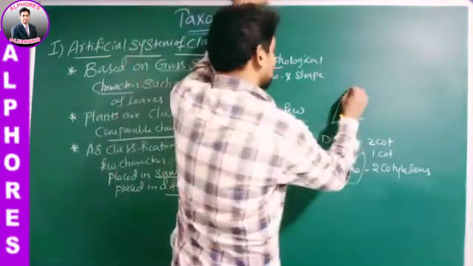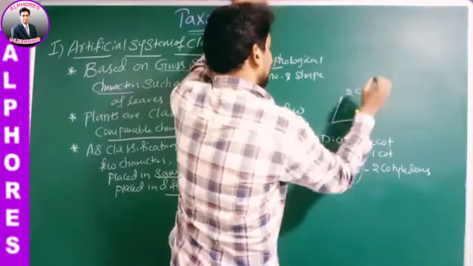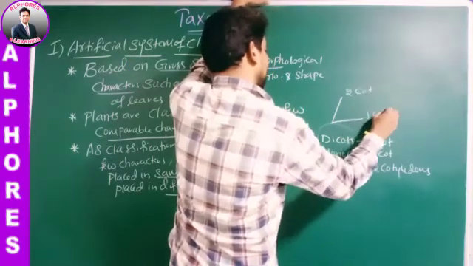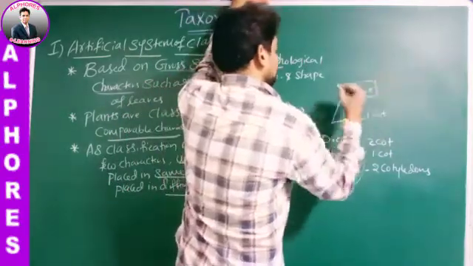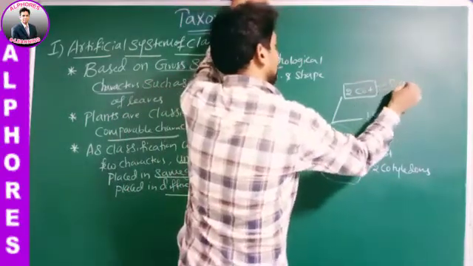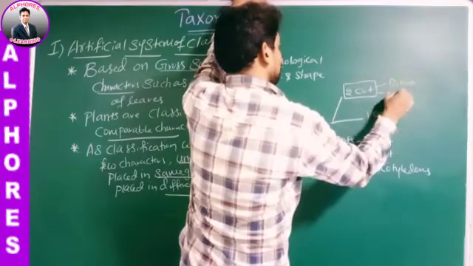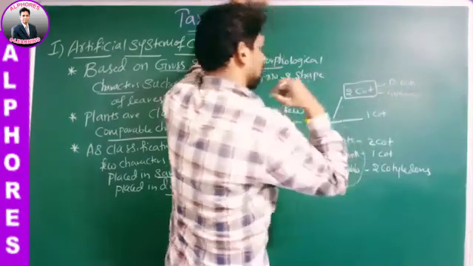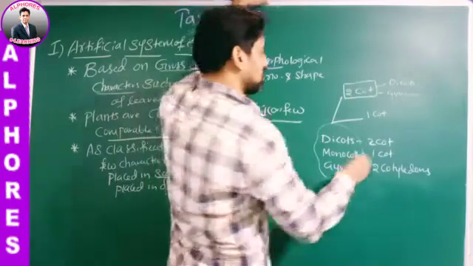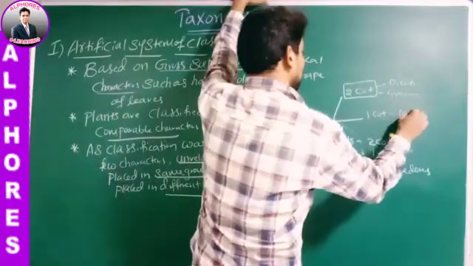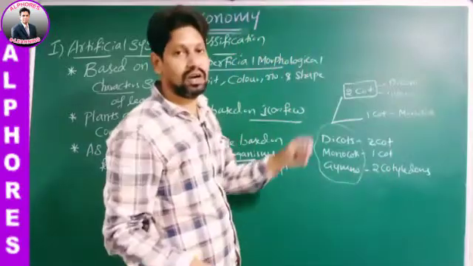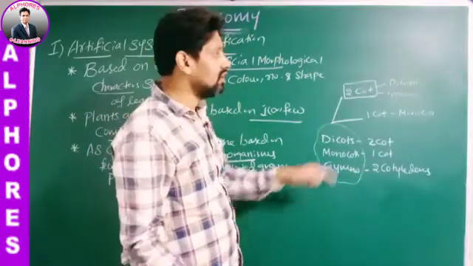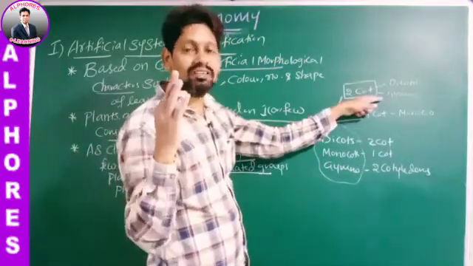One group is with two cotyledons, one group is with one cotyledon. In the group with two cotyledons, dicots will come and gymnosperms will come. In the group with one cotyledon, monocots will come. See here, dicots and gymnosperms are not related to one another.